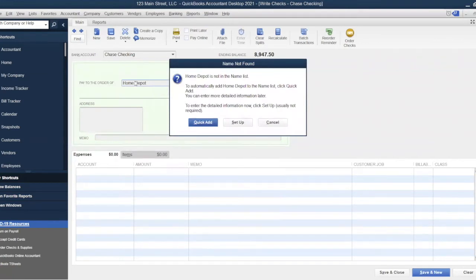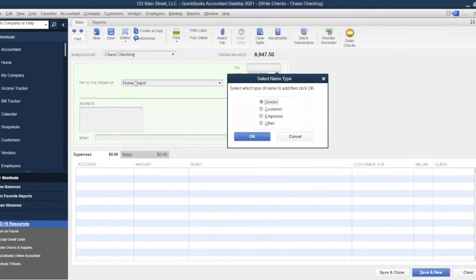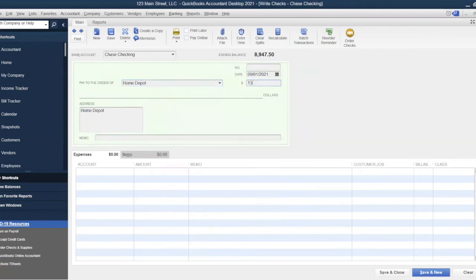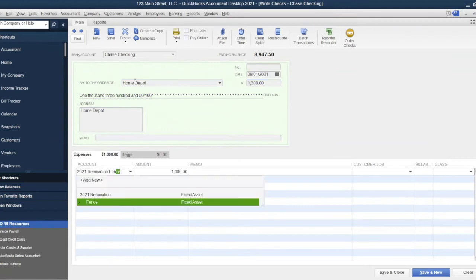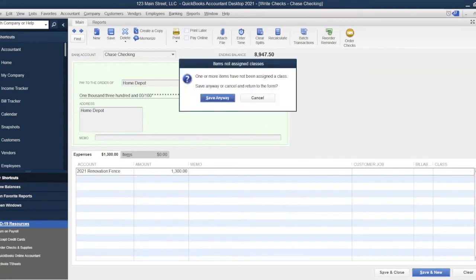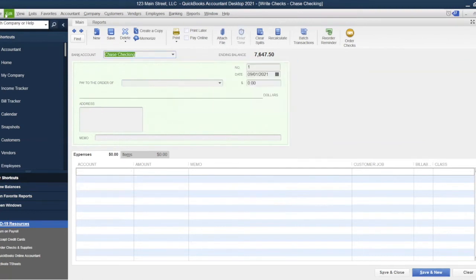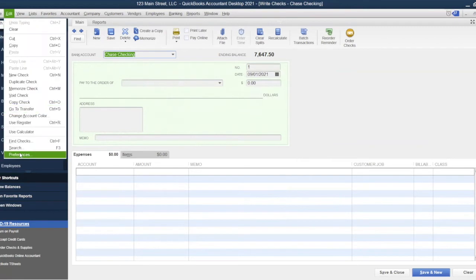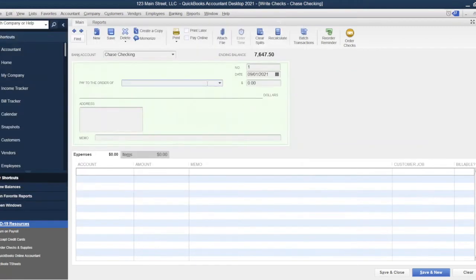Now I can click Q. This is a vendor, and I think it was like $1,300 in fencing. Now I always say, set yourself up to succeed here. I've already made my codes, and it's much easier to do it the way I just did, in the fence account. And then let me turn off these classes.